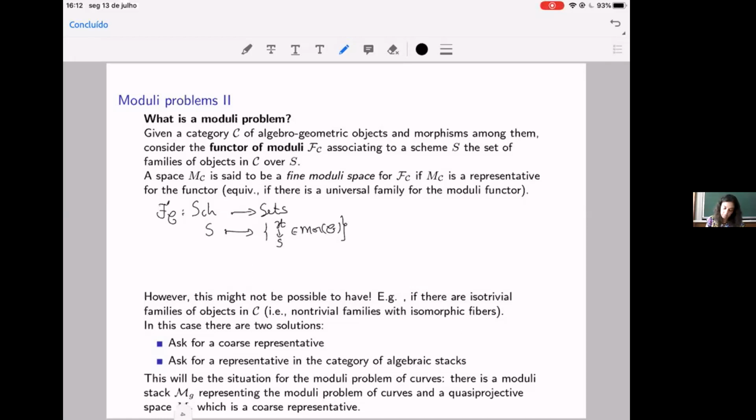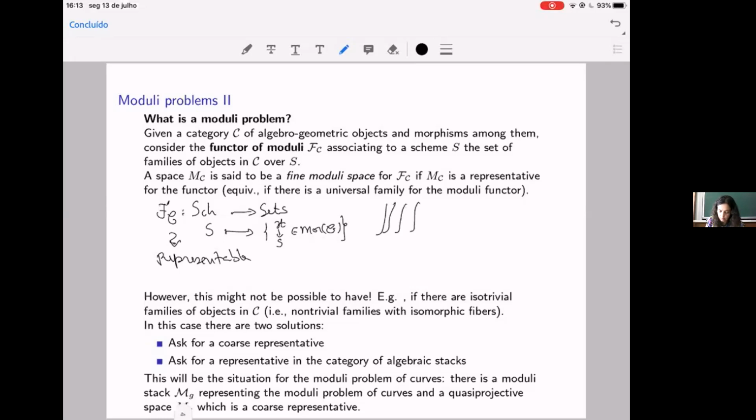And so what do we want? We want this functor to be representable. So we say that a moduli space M_C is a fine moduli space for this functor if this space is a representative for the functor. And how do I think of this in the beginning?